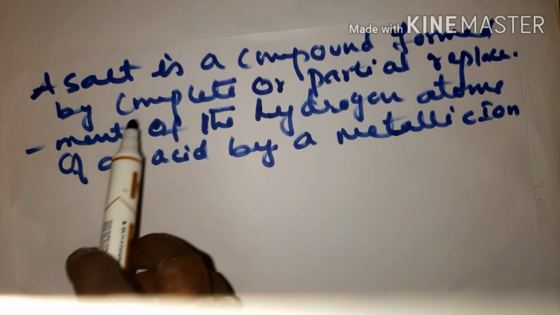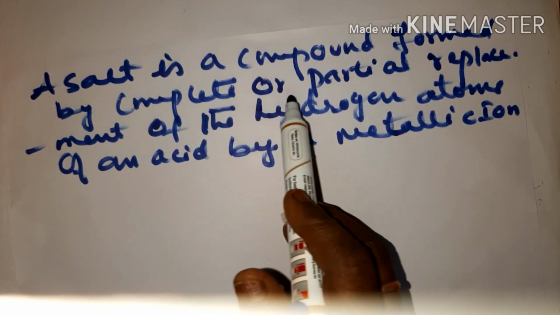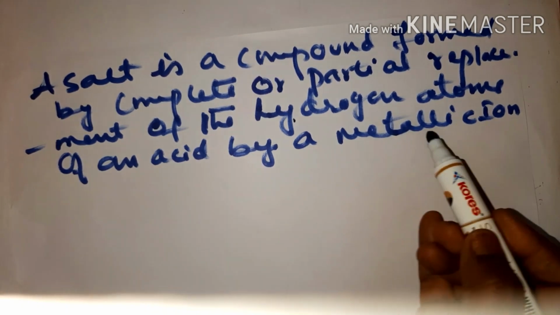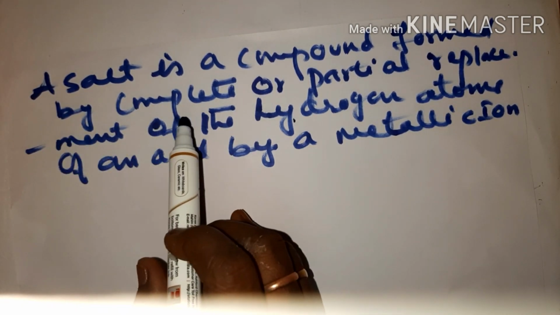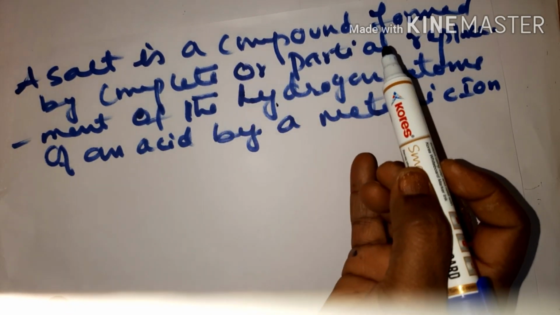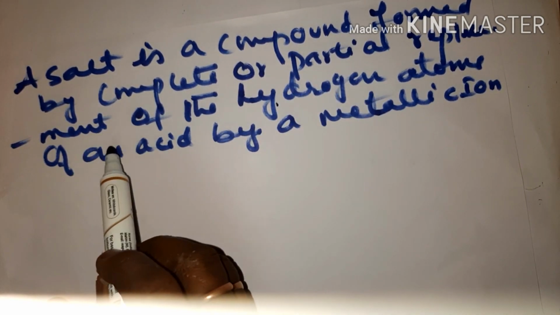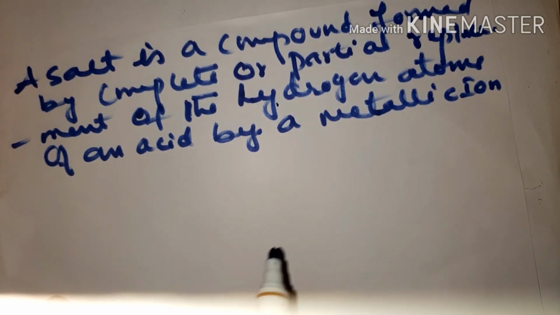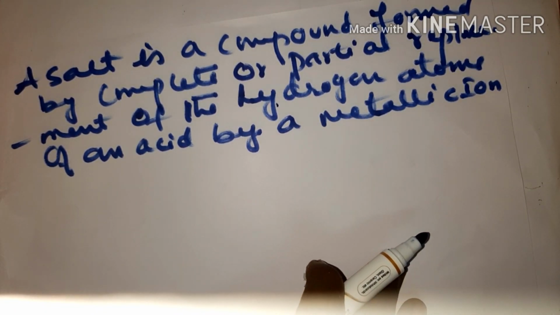Children, a salt is a compound formed by complete or partial replacement of the hydrogen atoms of an acid by a metal ion. You can understand this by an example, children.